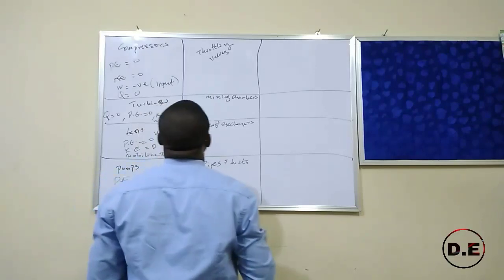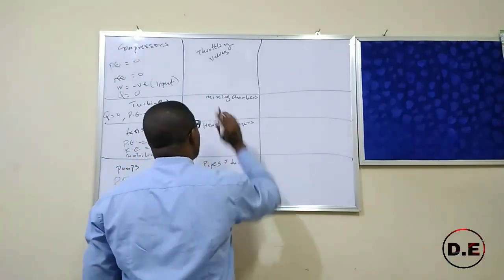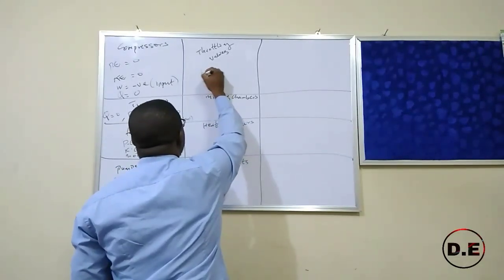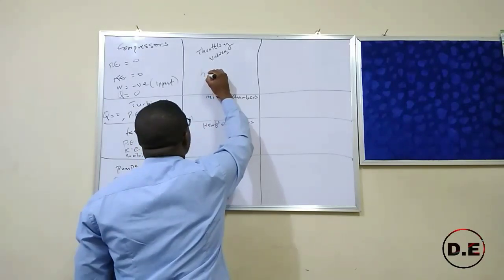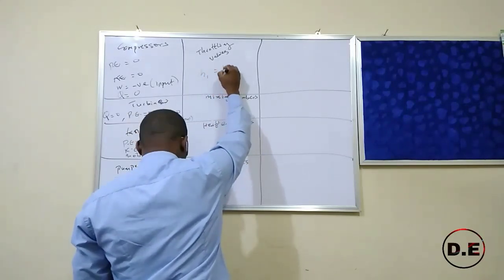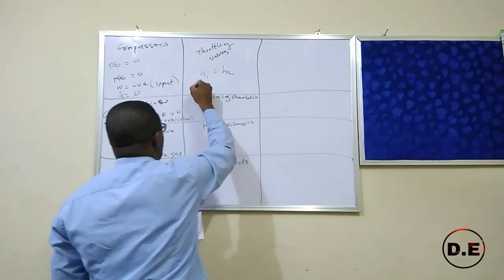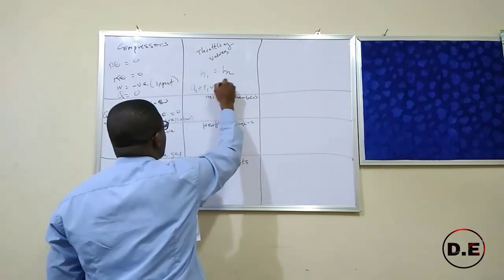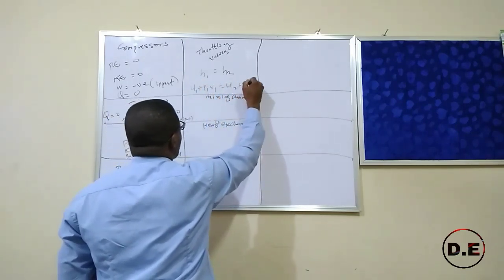Then for throttling valves, it's a very simple one. The enthalpy at state 1 is equal to the enthalpy at state 2. That is, U1 plus P1V1 is equal to U2 plus P2V2.